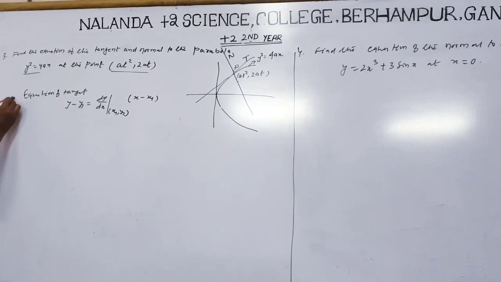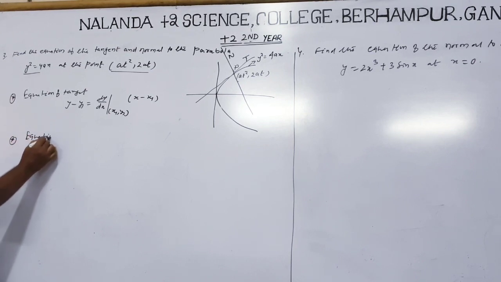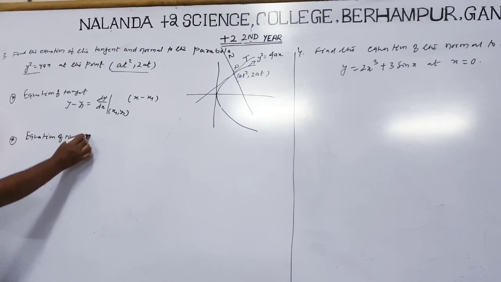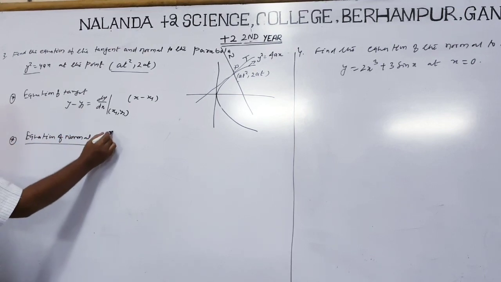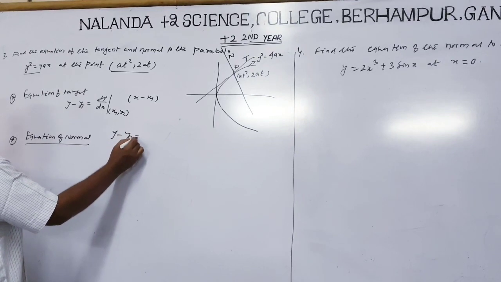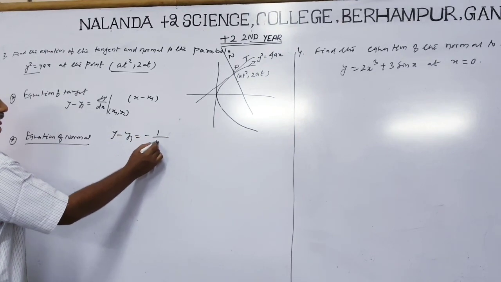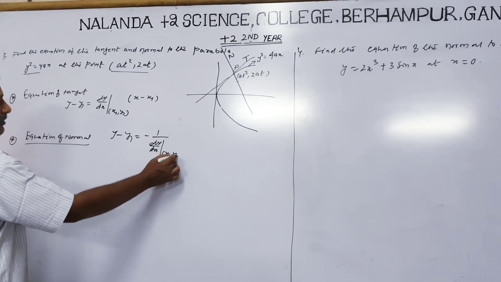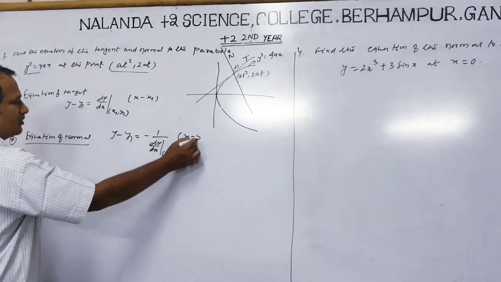This was already discussed last class. And another is the equation of normal. What is the equation of normal? Y minus y1 equal to minus 1 by dy by dx at x1 y1 into x minus x1.